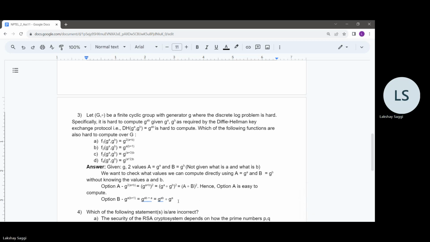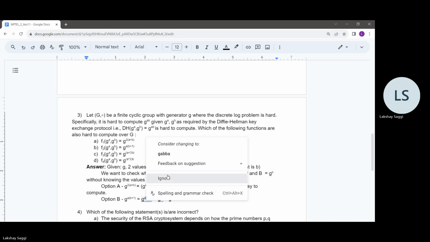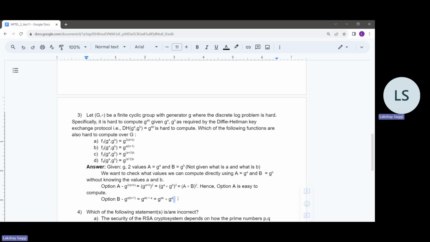And now we already know what g raised to the power a is. So this is g raised to the power ab times A. So in option B, we have written it as g raised to the power ab times capital A. This capital A was already given to us.